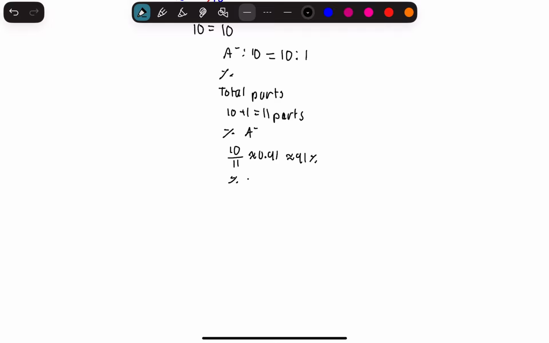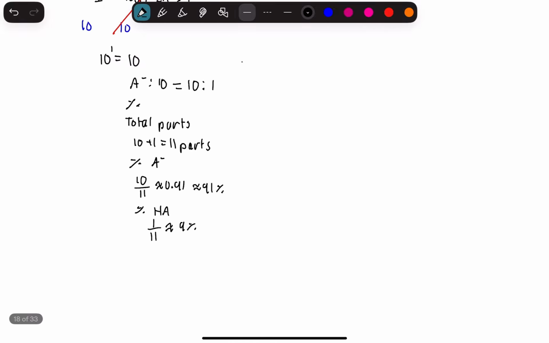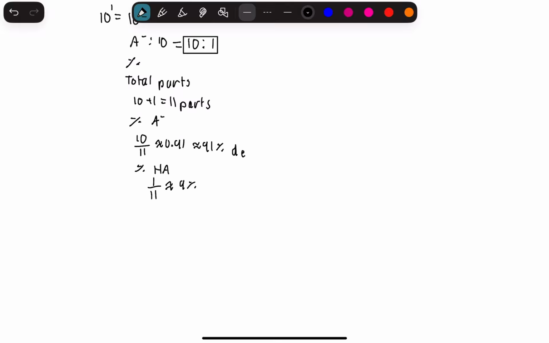Now for the percentage of HA, that's 1 over 11, which is approximately 9%. So our ratio is 10 to 1, and it's 91% deprotonated, which is A minus.